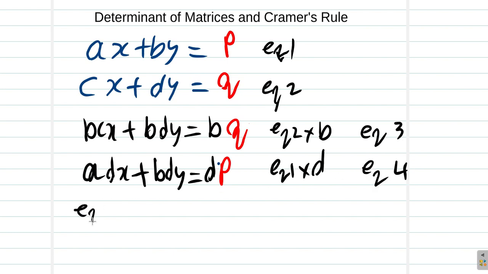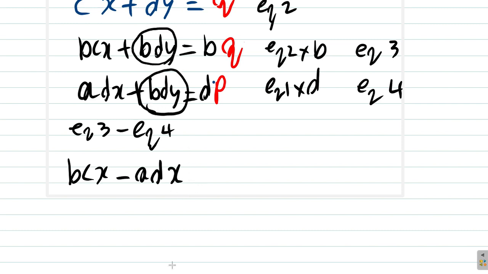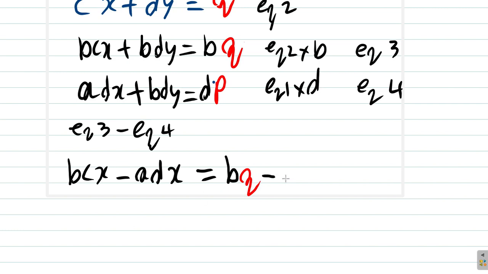We're going to have equation 3 minus equation 4: bcx minus adx, then bdy minus bdy, that is gone, that's 0, equals bq minus dp.